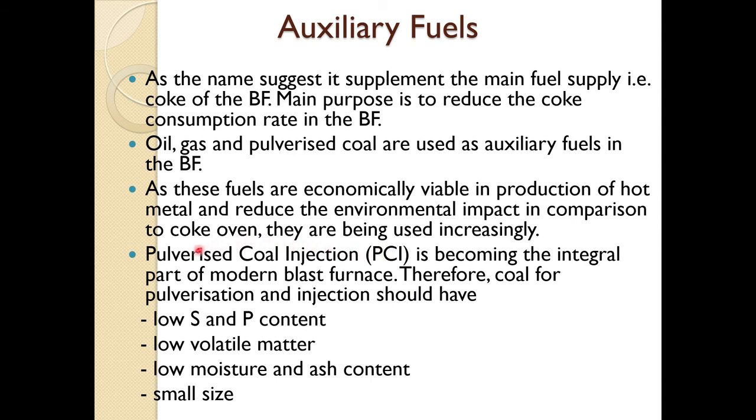But to inject the pulverized coal, it should also have some qualities. First one is low sulfur and phosphorus content, which is very important to control the chemistry of the slag and the chemistry of the iron, pig iron, and subsequent operation of steel making, and we had discussed that before during the iron ore and coke preparation.